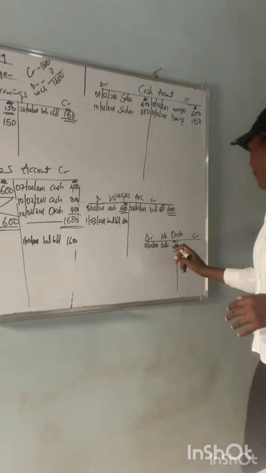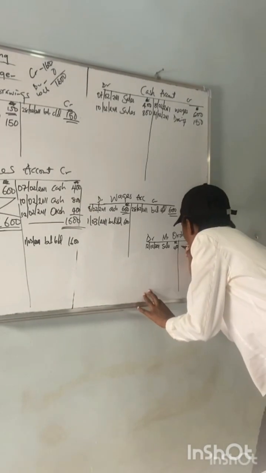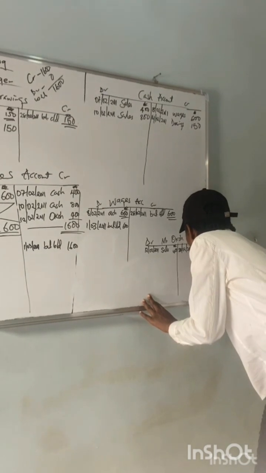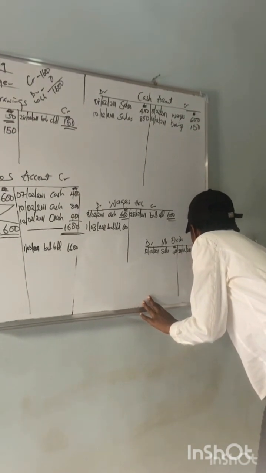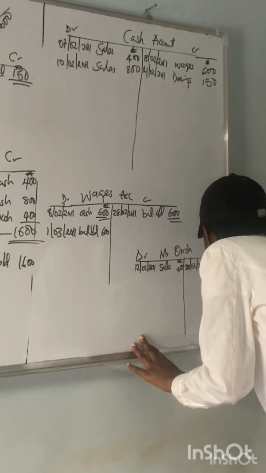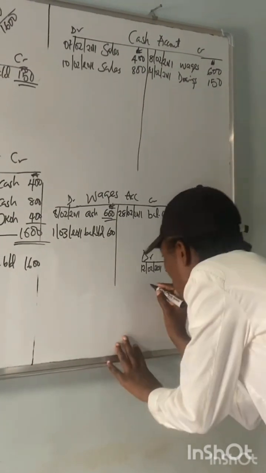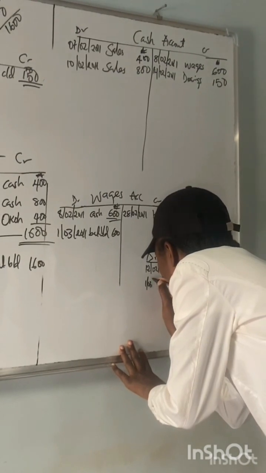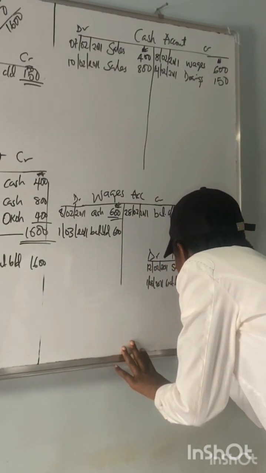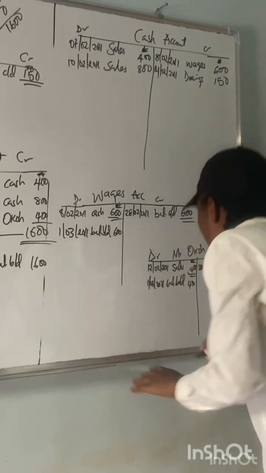Now for Mr. Oko, on the 28th of February 2011, we'll be having a balance carry down of 400 naira. And then on the 1st of March 2011, we have a balance brought down of 400 naira.